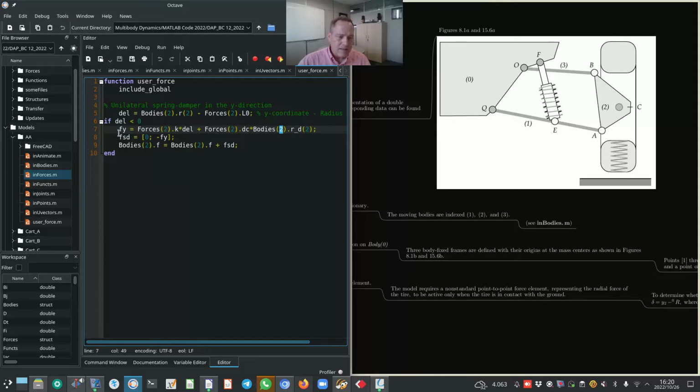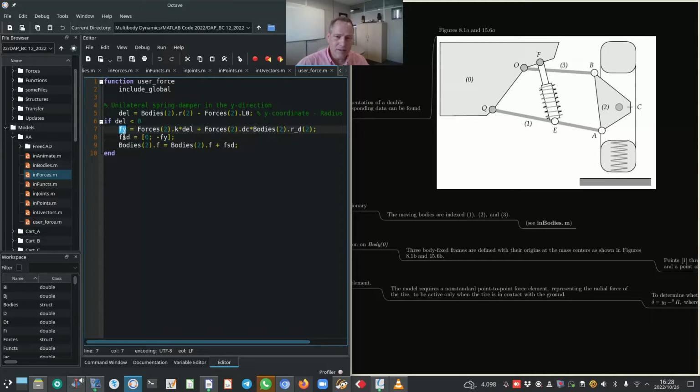All right. So with that done, we can then say the spring force damper only has a y component, and in this case it is negative Fy that we've just calculated. So what Prof. Nikravesh does here is he changes the sign of Fy.